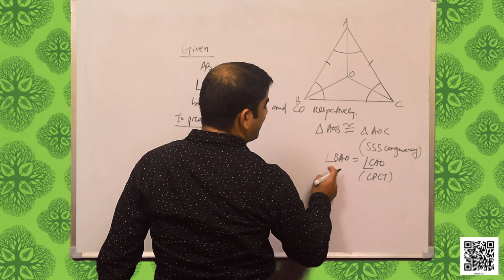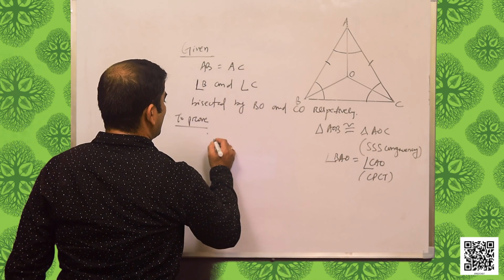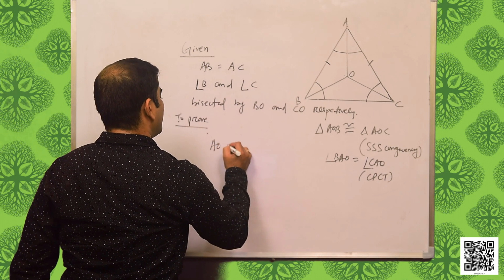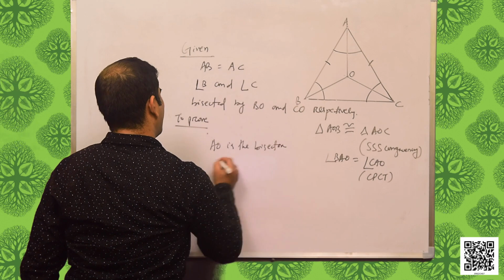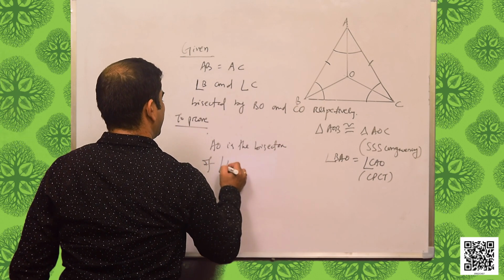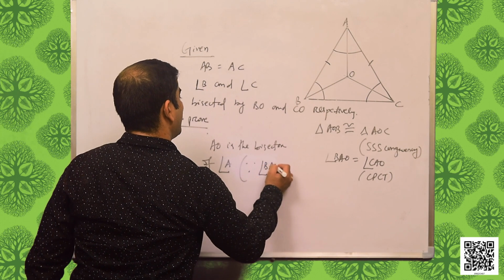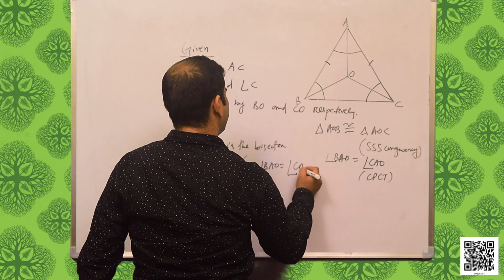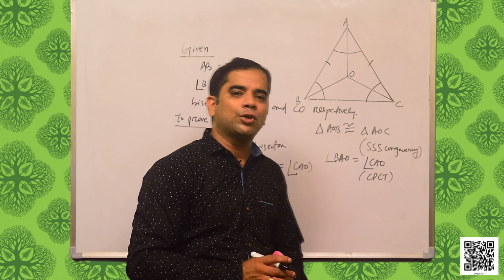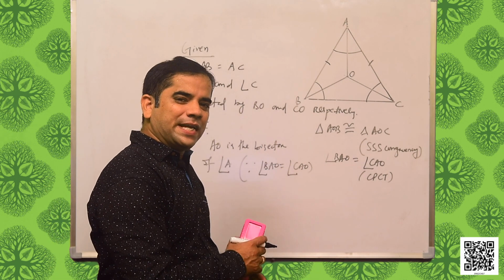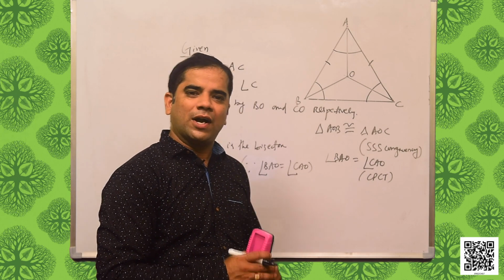As angle BAO is equal to angle CAO, it is proved that AO is the bisector of angle A. Why? Because angle BAO is equal to angle CAO. So in this way we have proved both the parts, that is OB is equal to OC and AO bisects angle A. Hope you understood.